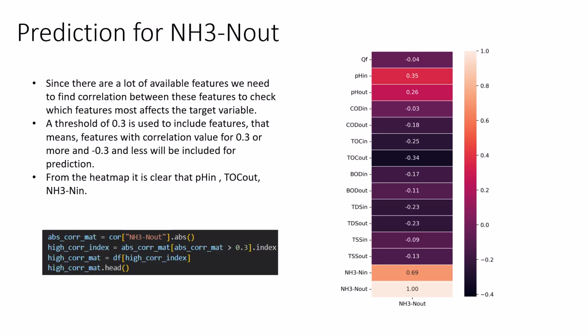Now for the prediction of the third target variable NH3N out, similar correlation was found between the input variables using the threshold of 0.3, and from the heat map, the input features used for the prediction of NH3N out are pH in, TOC out and NH3N in.